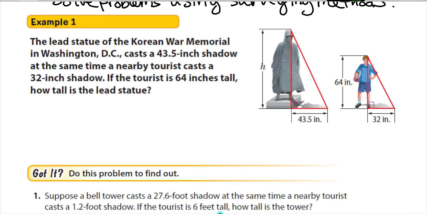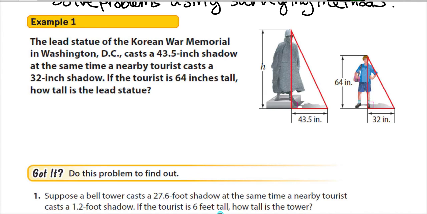They've already got the little triangles drawn for you. It's literally the same thing we just covered with similar figures. The only difference is we have real things instead of random shapes. I've never tried this outside on my own, but I'm sure it works, and you can always try it.